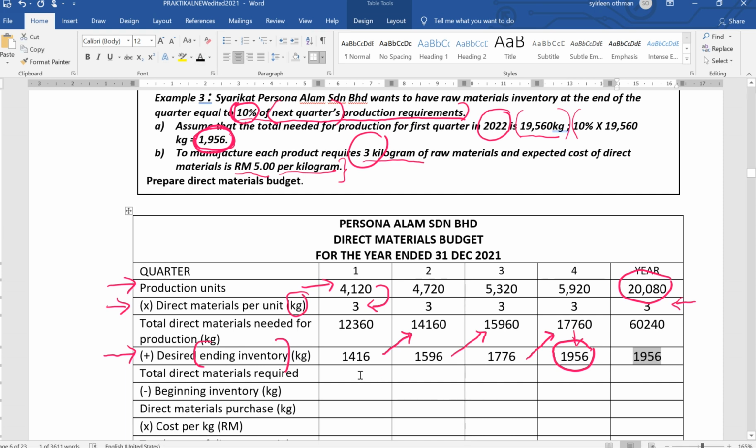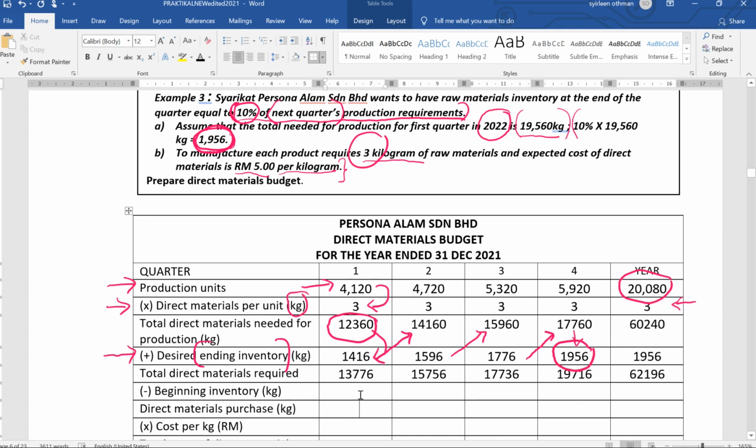So the total direct material required is 12360 plus 1416. So your total direct material required will be the total of these two items.